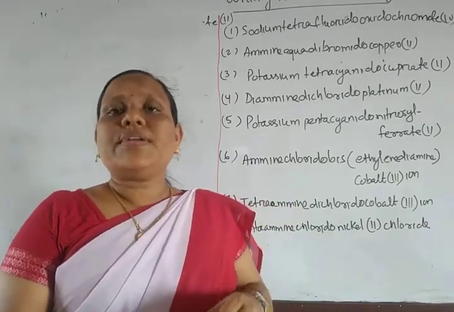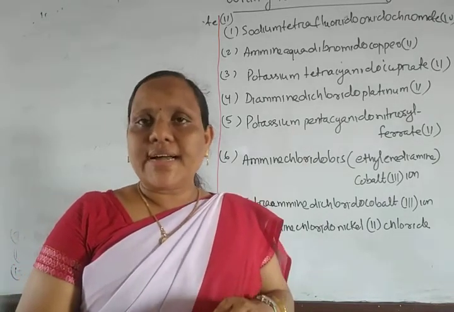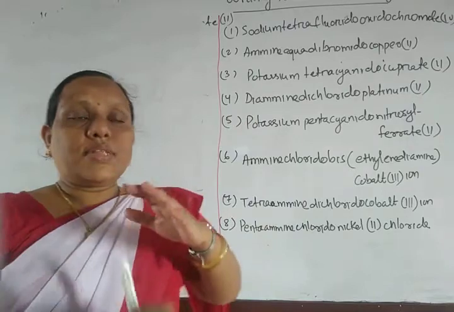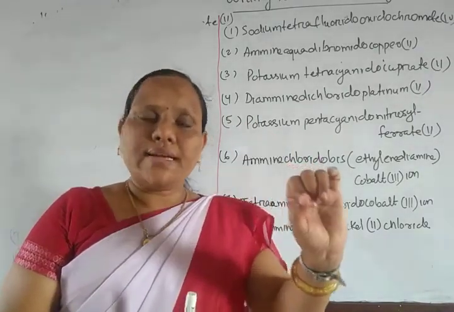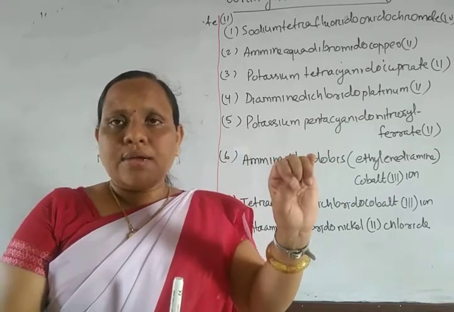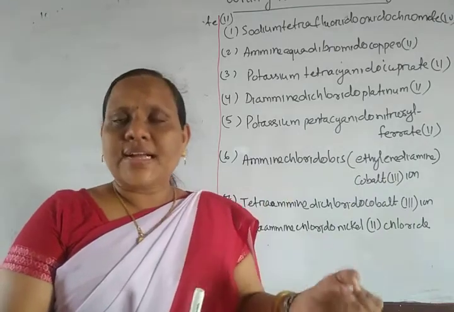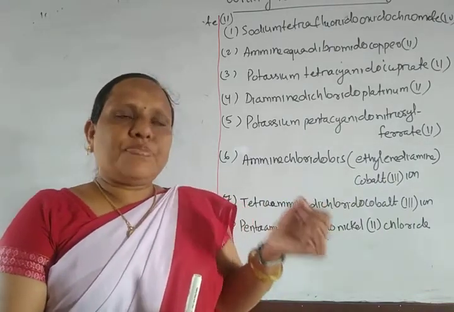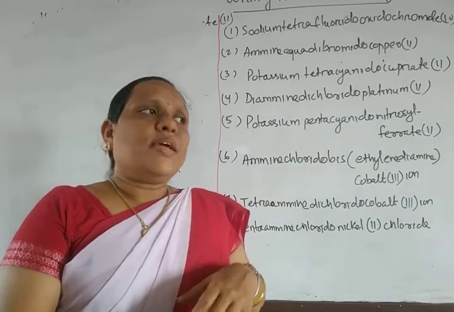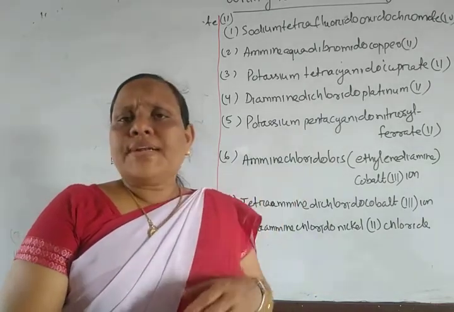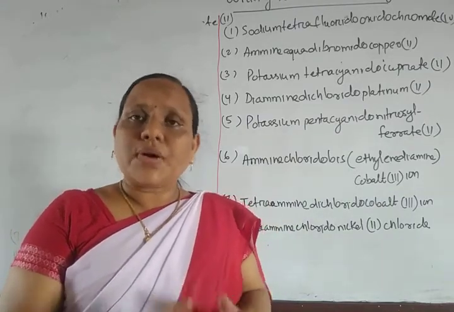Whenever we write the name of the complex part, first we have to write the central metal atom, followed by ligands. If more than one ligand of a kind is present, then these are represented by numerical prefixes.